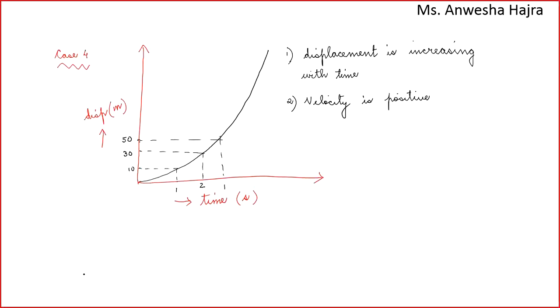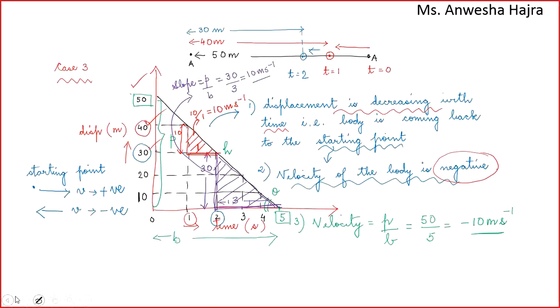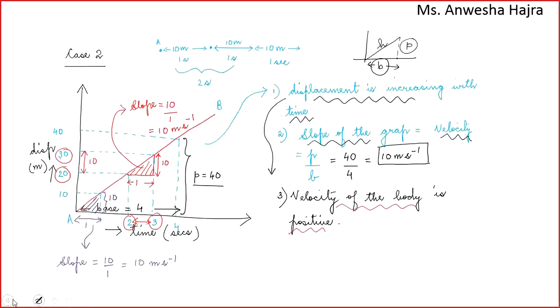But what is the problem here? Like in the previous case, in this case children, velocity was not changing, it was 10. So point number 4 we could have told that body is moving with uniform velocity. Uniform means same velocity, because wherever you find it is 10.